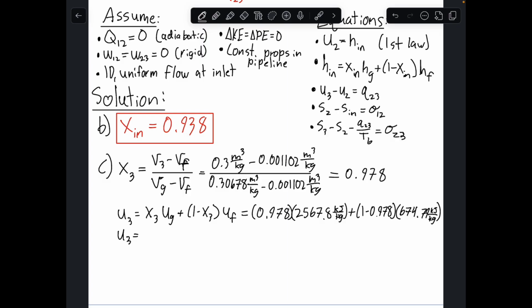around, let's see, somewhere around there, kilojoules per kilogram. You may get a slightly different value depending on how you do your rounding, but actually I think I got something around 2526.2 kilojoules per kilogram.